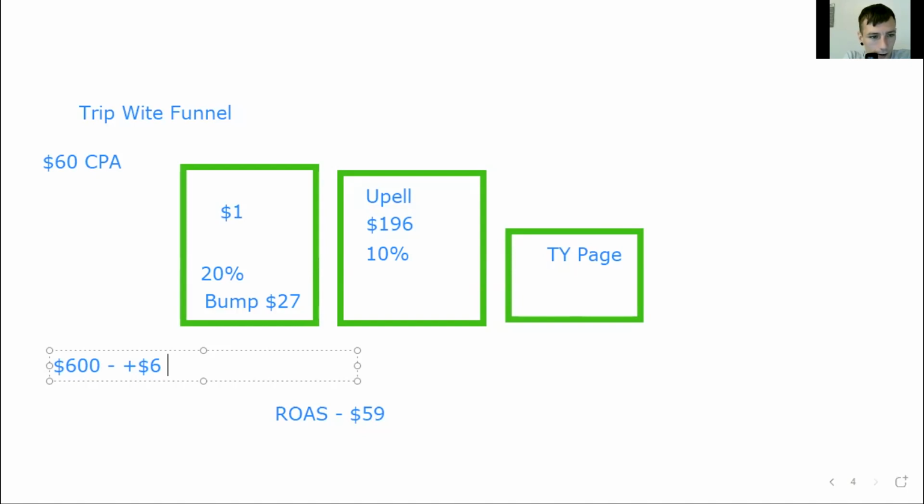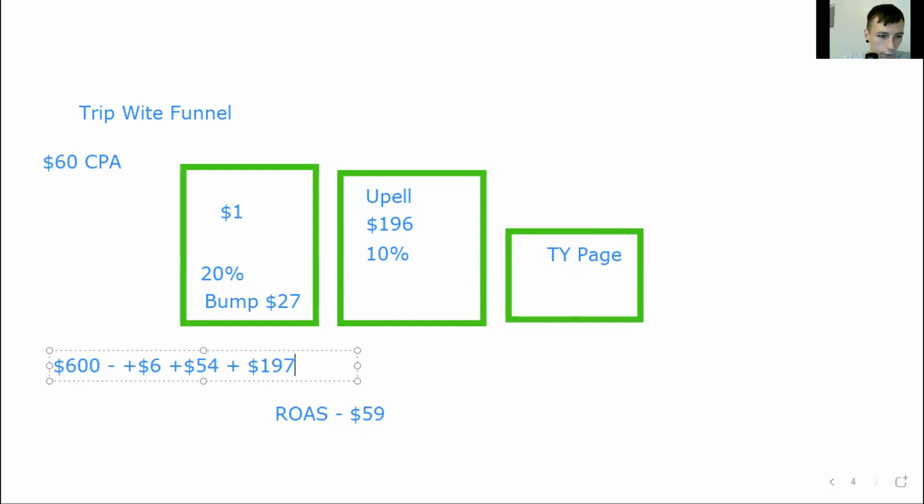Then we're going to have 2 people buy our order bump at $27, which is another plus $54. And then we're going to have one person out of the 10 sales buy the $197 product.